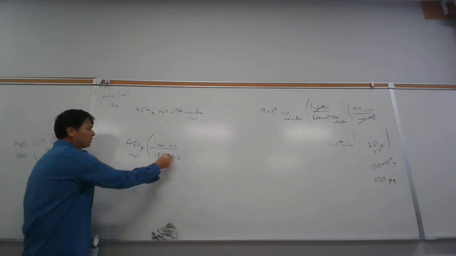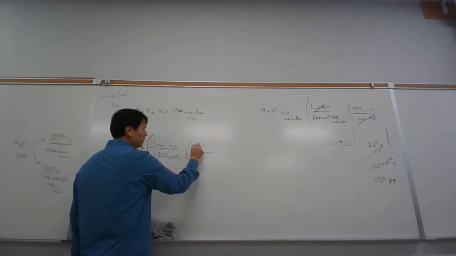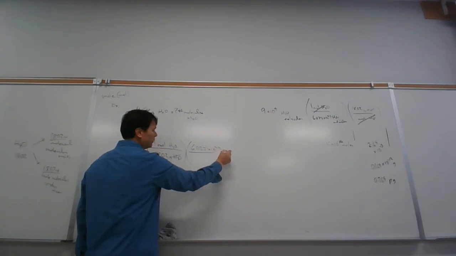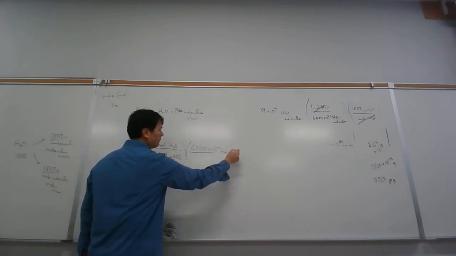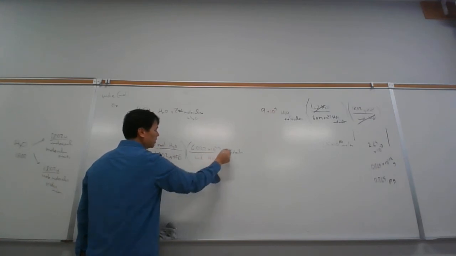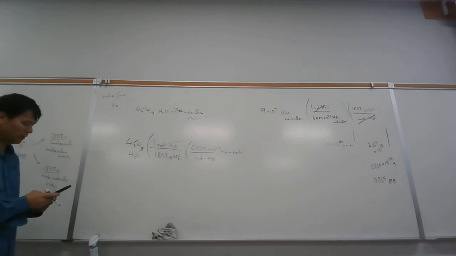The grams of water cancel, that leaves us with moles of water, and then I'm going to use Avogadro's number, 6.022 times 10 to the 23rd H2O molecules per mole of H2O molecules. The moles of H2O molecules cancel, and then we'll calculate it.